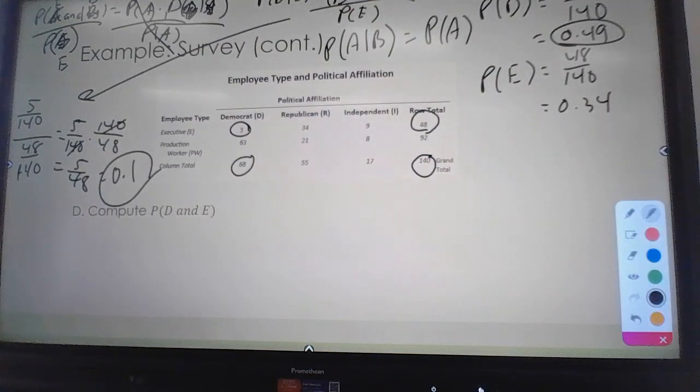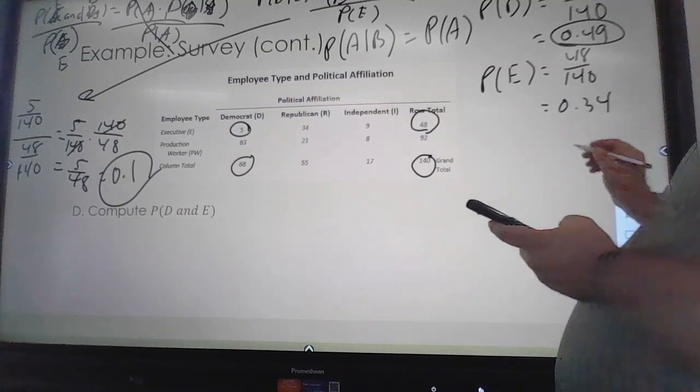So knowing that, let's calculate that probability again by using these two probabilities, right? Using the independent rule, P of D times P of E. So that's 0.49 times 0.34.